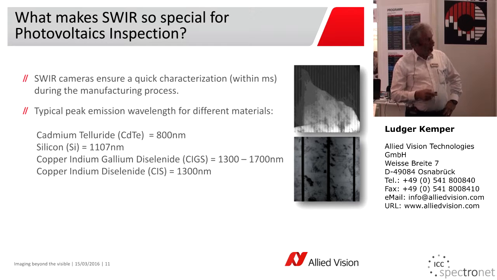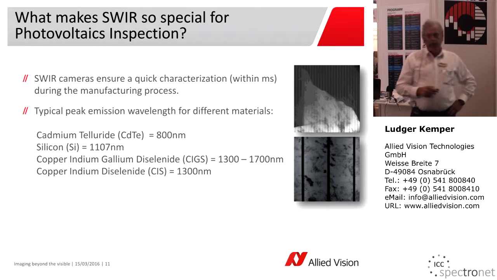What I already told you, you see here some images where there are micro cracks in the solar cell and so on, and you see the efficiency of the solar cell by this luminescence method.